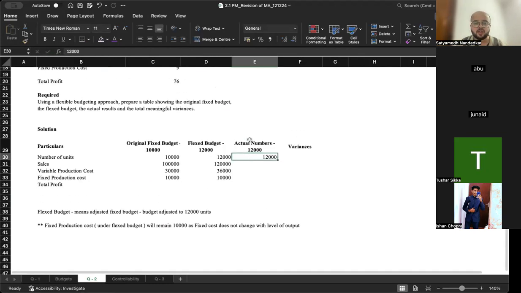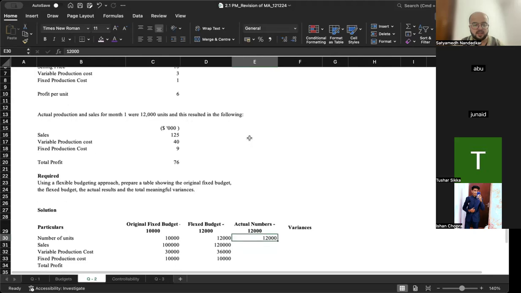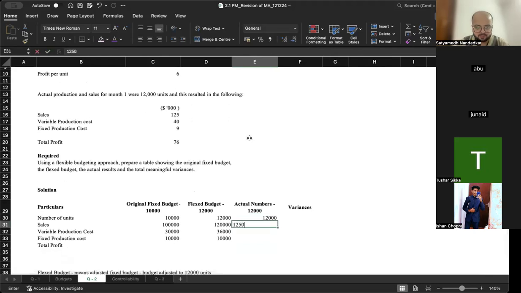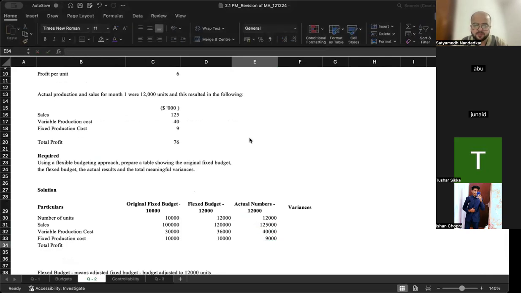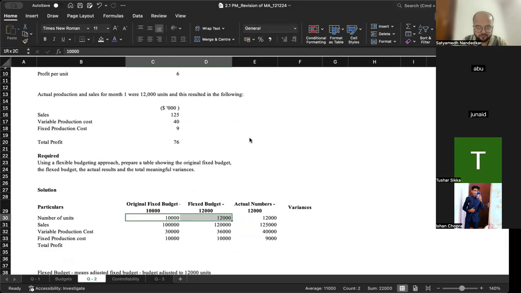Now let's see what the actual numbers are. Sales 1,25,000. Variable production cost 40,000. Budgeted fixed cost was 10,000. Actual fixed cost is 9,000. Okay.